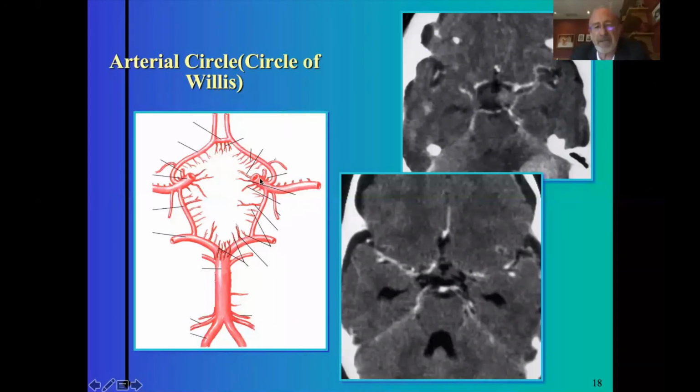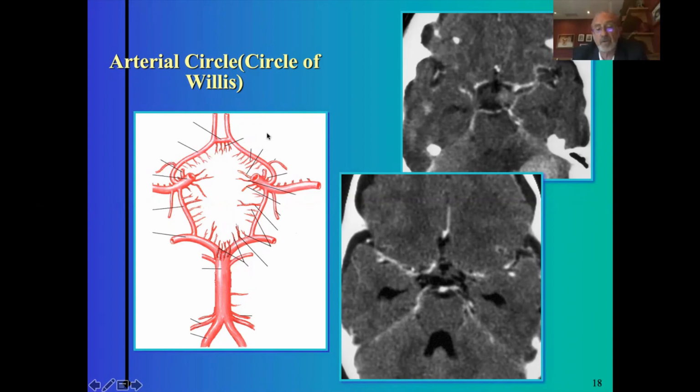What this basically does is that near that suprasellar cistern right over here, you have what we call anastomosis, or connections between various vessels that produce this circle. We'll define each of these for you. But basically, this interconnection of arteries are going to help maintain intracranial pressure and flow of blood to different portions of the brain. We'll talk about what makes it up in regard to this arterial circle.